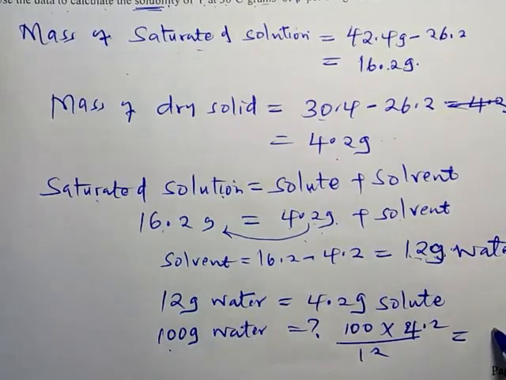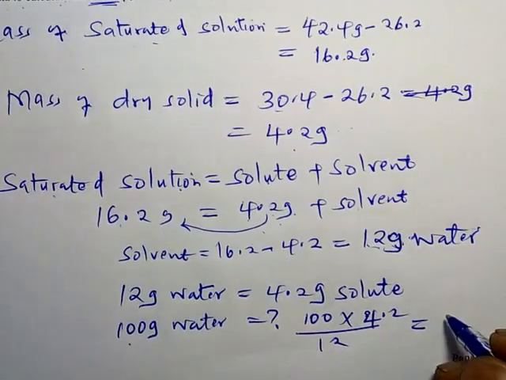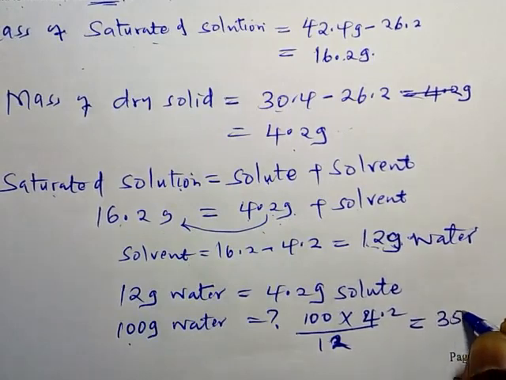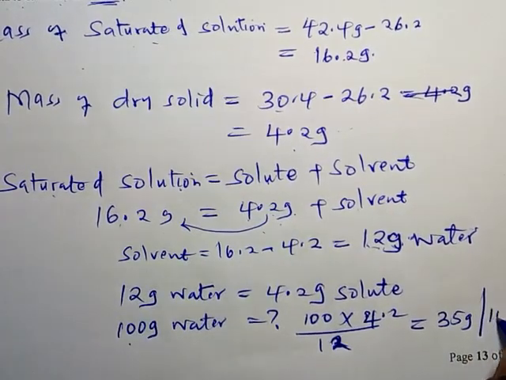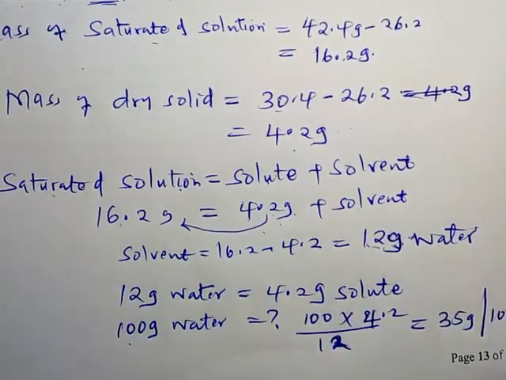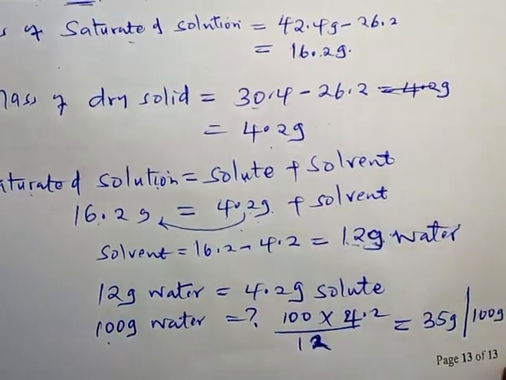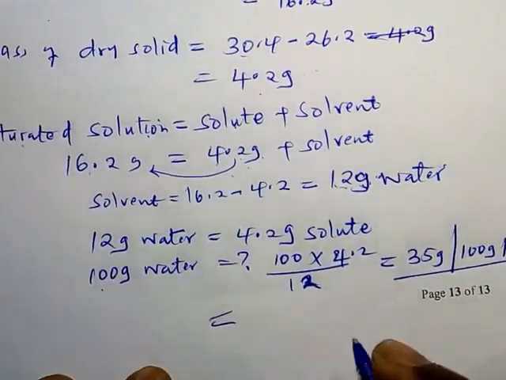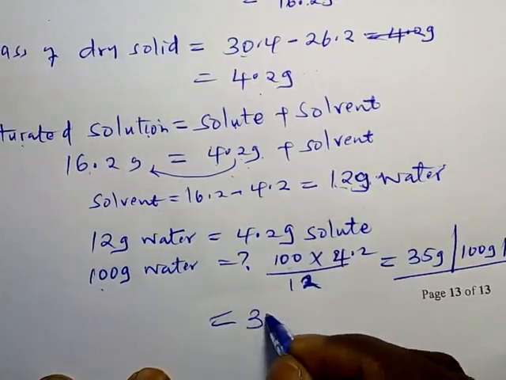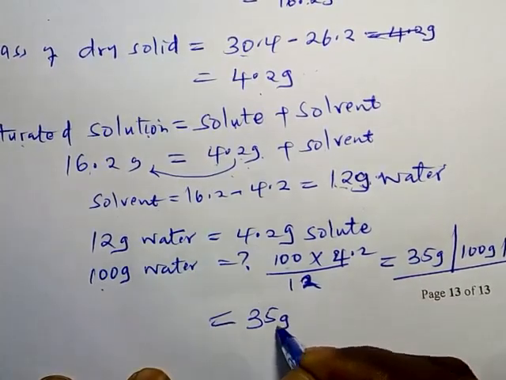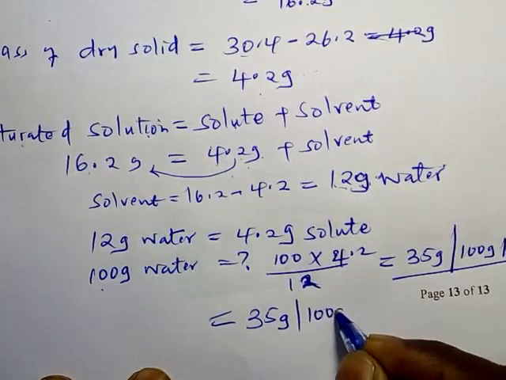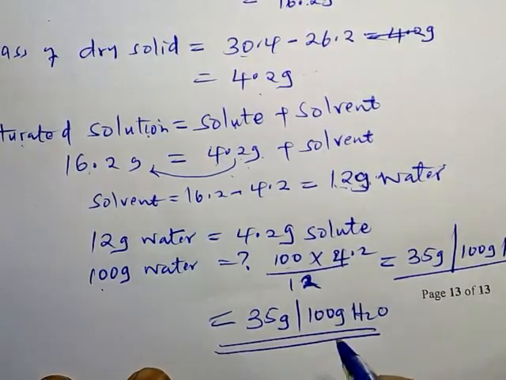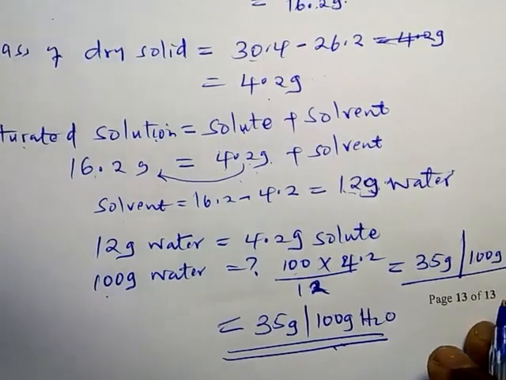That will give us 35 grams per 100 grams of water. Let me write it here: 35 grams in 100 grams of water. So that is the solubility. Thank you.